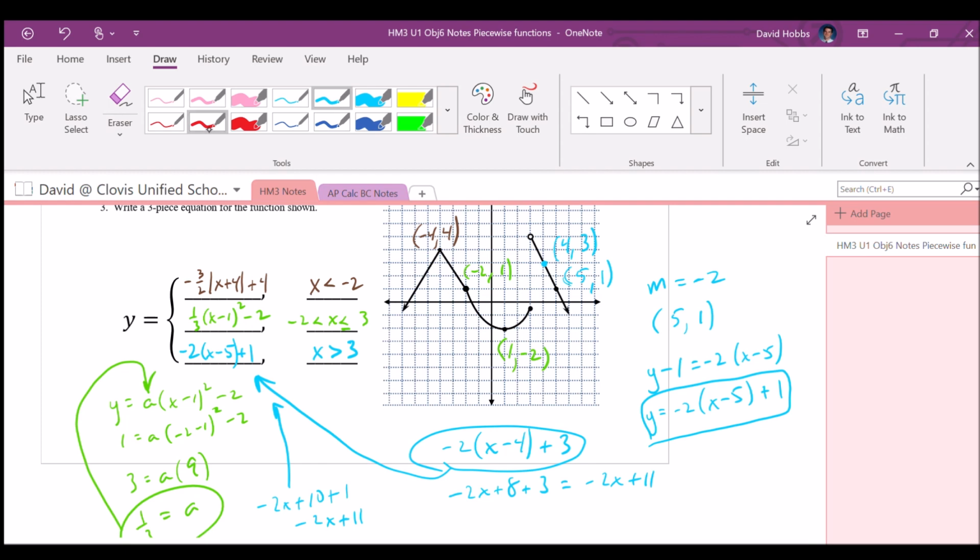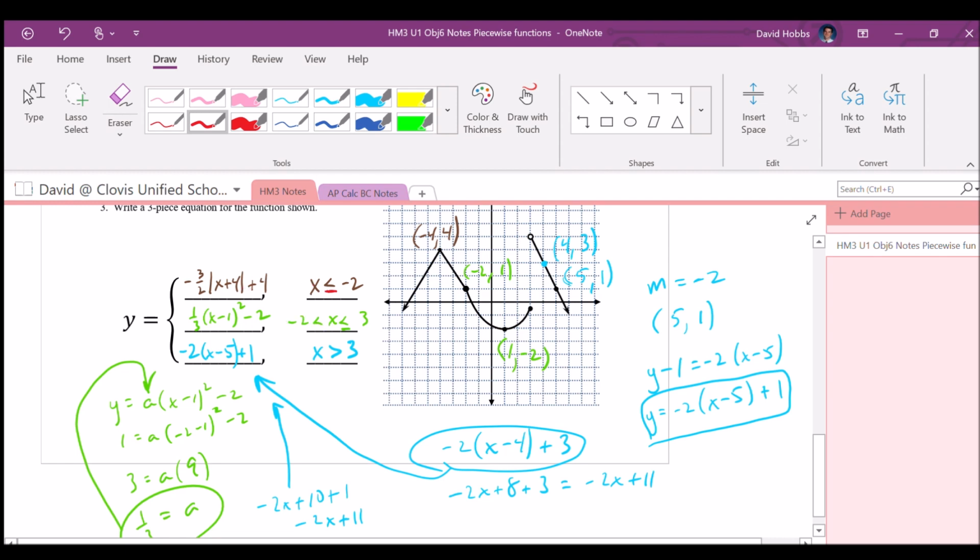So it doesn't really matter whether we invite it for the left-hand piece or the middle piece, but you only do it in one place. You don't invite it to the party twice. For me, I tend to invite it to the party as soon as I see that that's happening, so I would probably put it right there. But if somebody left it off the top piece and put it with the middle piece, that would also be correct.